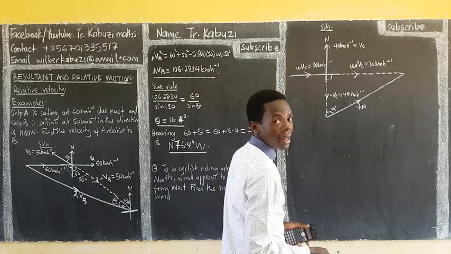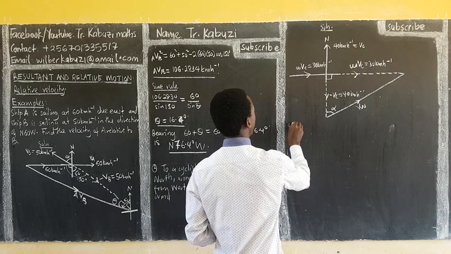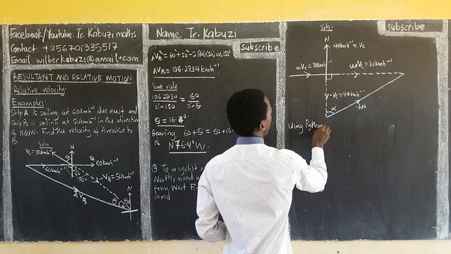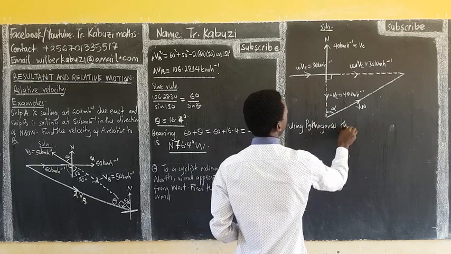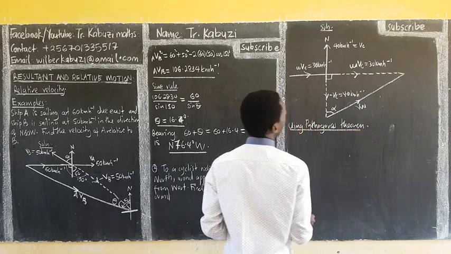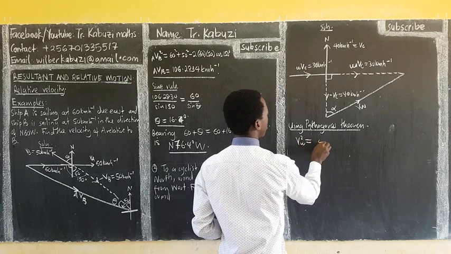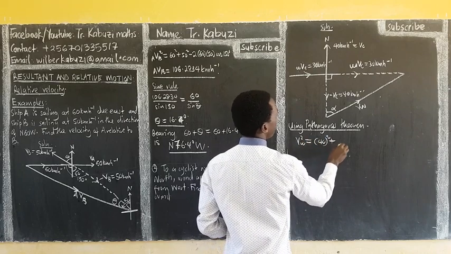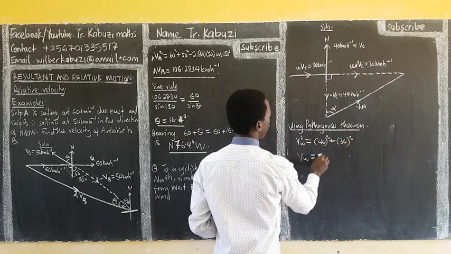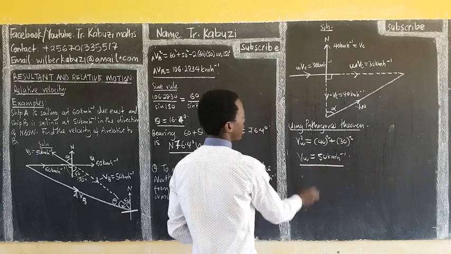Using Pythagoras theorem, we shall get V squared W equal to 40 squared plus 30 squared, and our V W from there will be 50 kilometers per hour, as simple as that.